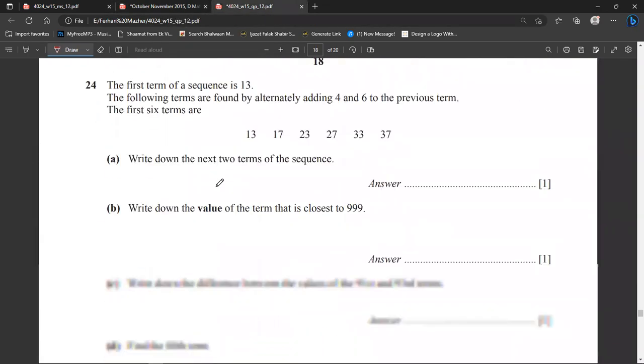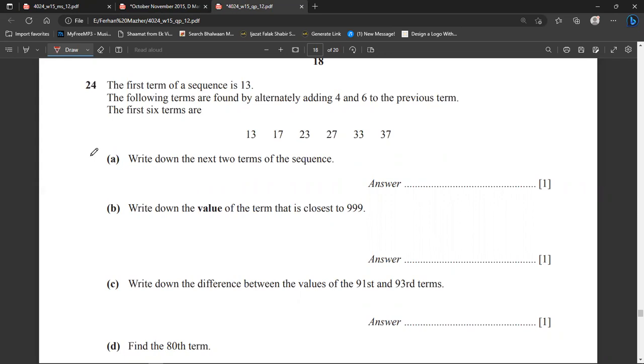Now we are going to the next question, that is question number 24. He says the first term of a sequence is 13. The following terms are found by alternately adding 4 and 6 to the previous term. The first 6 terms are 13, 17, 23, 27, 33, 37.